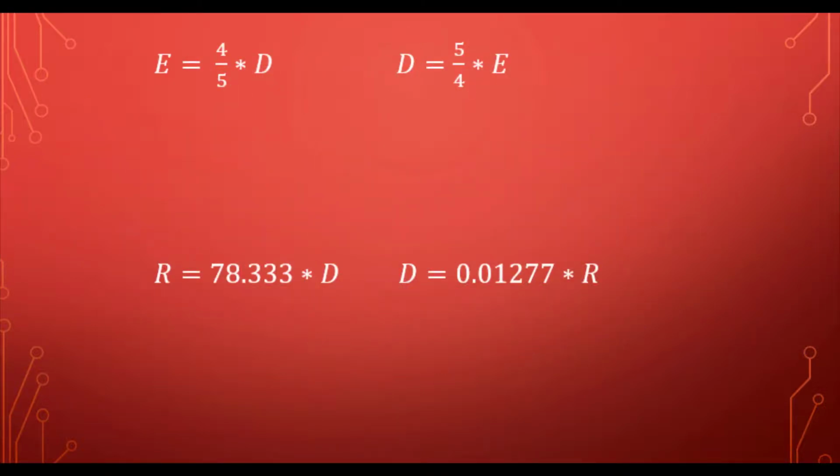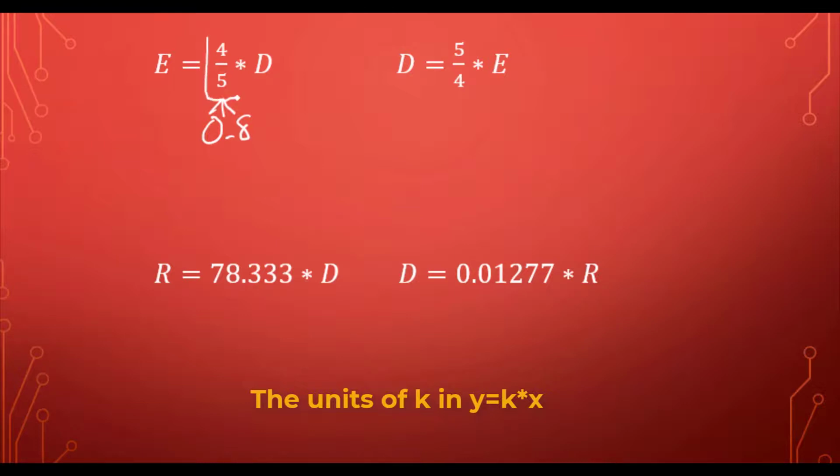Okay, so we're going to deal with the units of K in these equations. So hopefully you know that this here is K, 4/5. Now we would normally write it in an equation as 0.8. But let's leave it as 4/5. What I want to know are the units here.